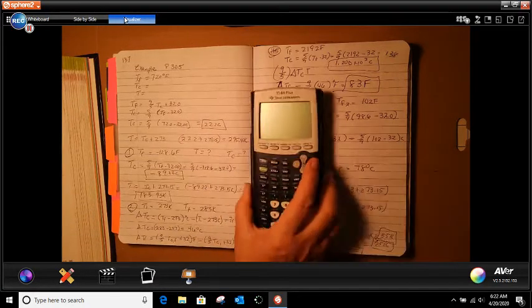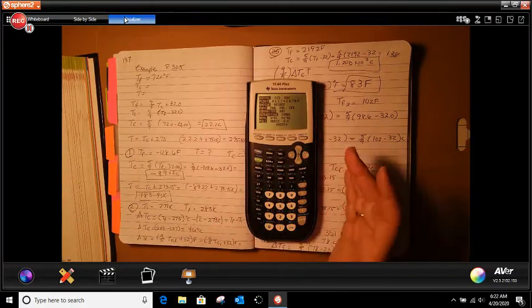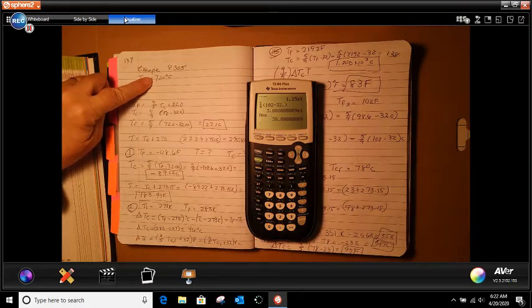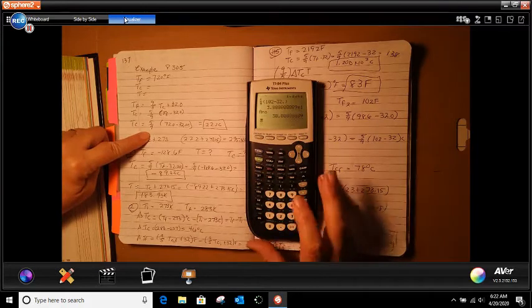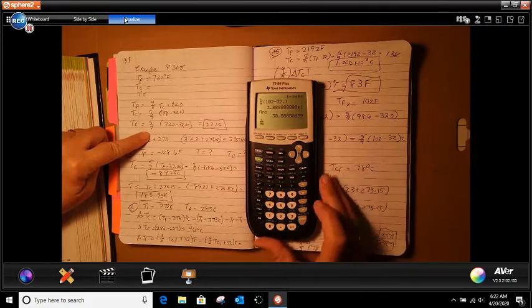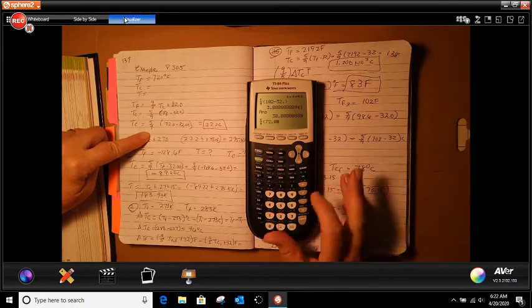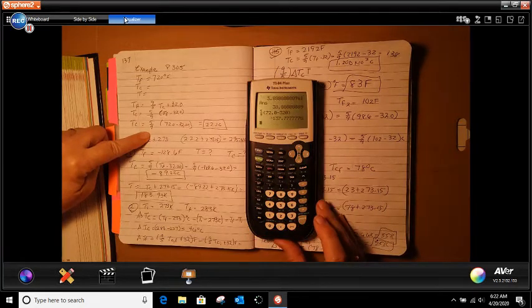The first thing that we want to do is make sure that we have our calculator set to normal and to radian, which we do. It gave us 72 degrees Fahrenheit, so we're going to convert to Celsius and Kelvin. To convert to Celsius, we're going to do alpha y enter, and that is 5 over 9, open bracket, 72, subtract 32, close bracket, and then enter.